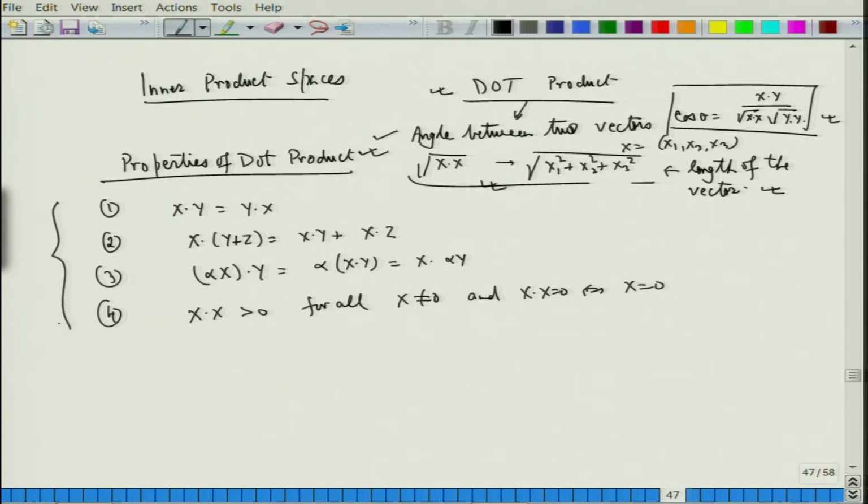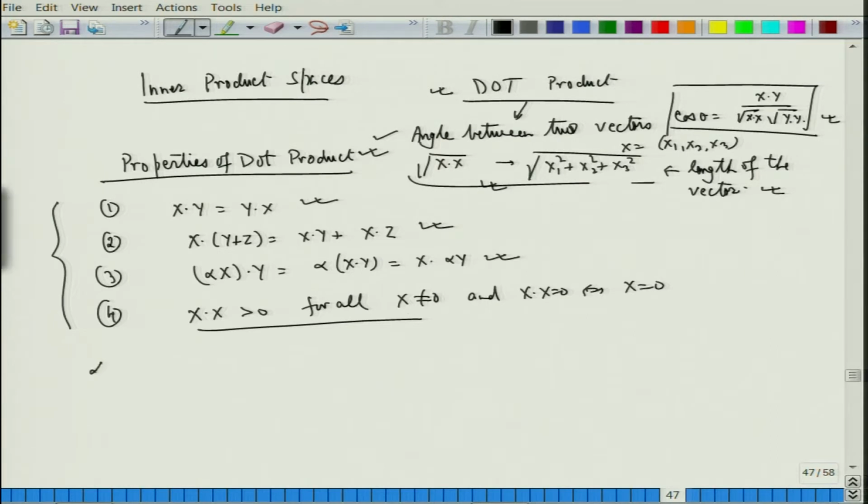So this was the minimum property of dot product that we followed in our school, that is, the dot product is commutative, it distributes over additivity, then there is a notion of scalar multiplication for vectors, so it behaves nicely with scalars, and then the length is always positive whenever the vector is non-zero, fine. So we take it as our basic requirements for our inner product.